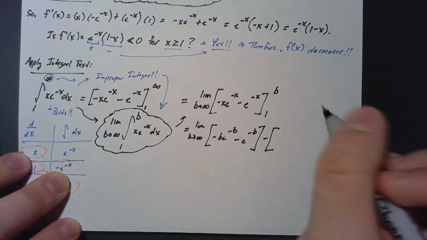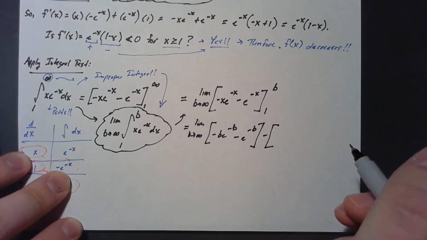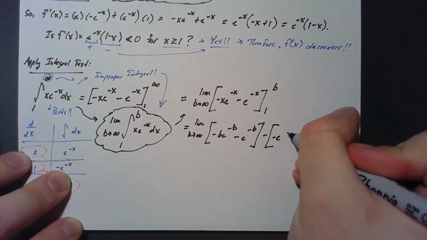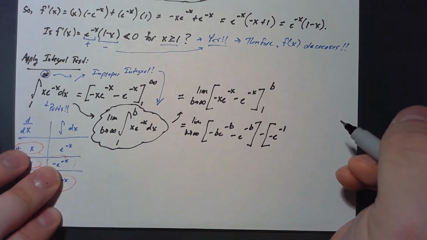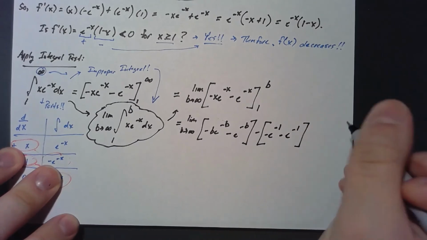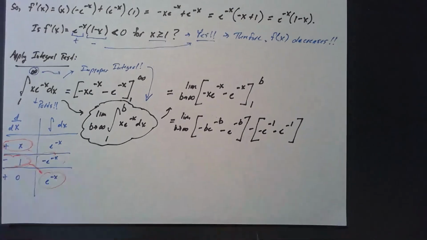When you pop 1 in there, you're going to get negative 1 times e to the negative first, which is negative e to the negative first, minus e to the negative first. Okay. All right, so now just compute this limit.